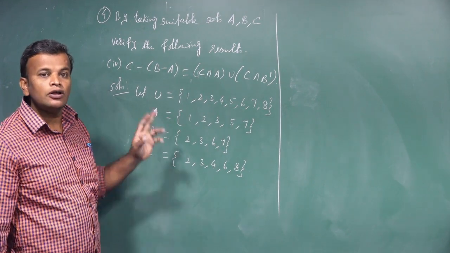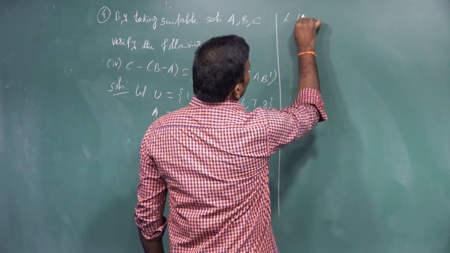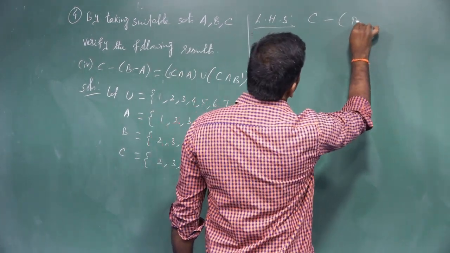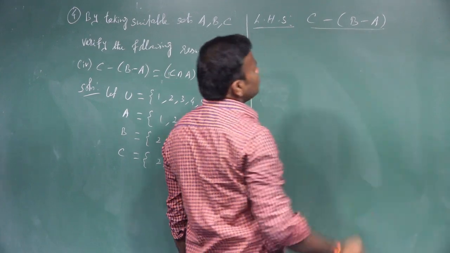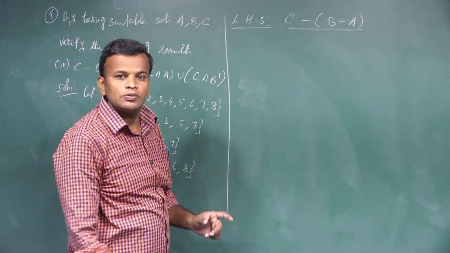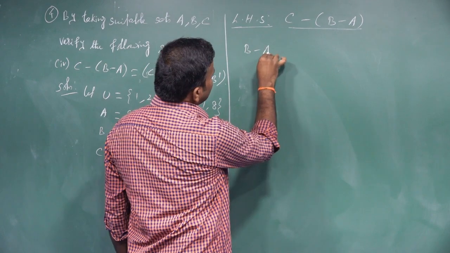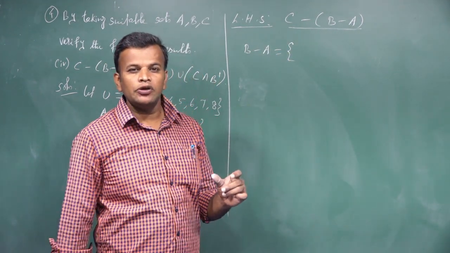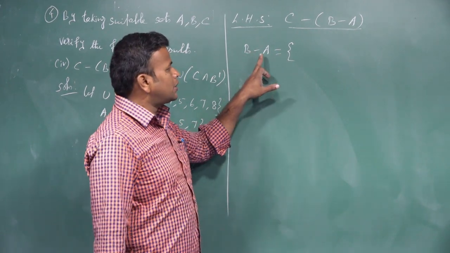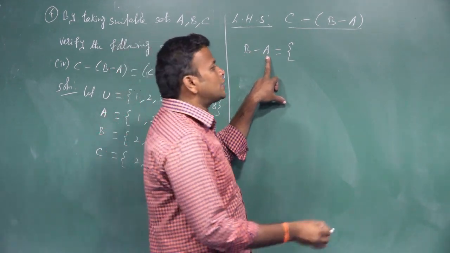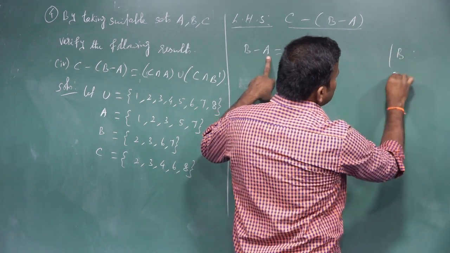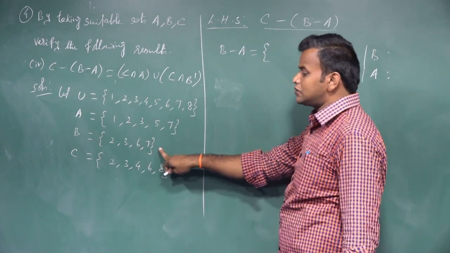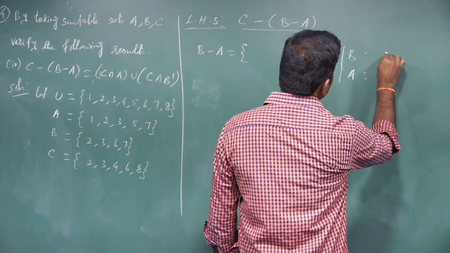First of all, we will take the value of LHS. What is LHS? C difference, B difference A. If we need C difference, B difference A, first we find B difference A. You know very well what B difference A is. B difference A means all the values in B that are not in A. For our understanding purpose, I write B, A. The value of B is 2, 3, 6, 7.